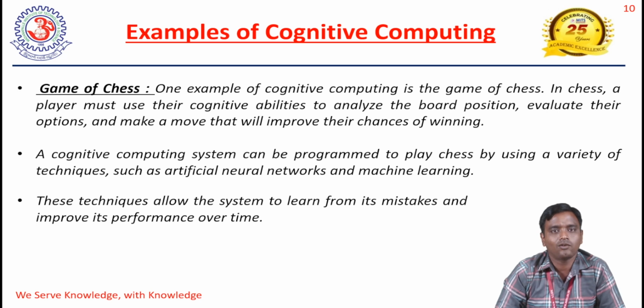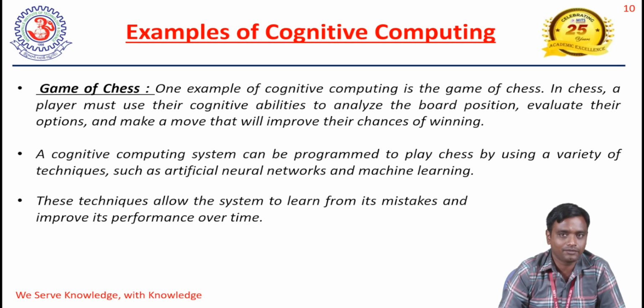And here we are going to see certain examples of cognitive computing. The first we are going to see is the game of chess. One example of cognitive computing is the game of chess. In chess, a player must use their cognitive abilities to analyze the board position, evaluate their options, and make a move that will improve their chances of winning.